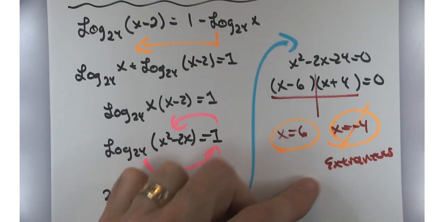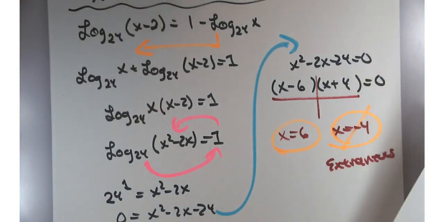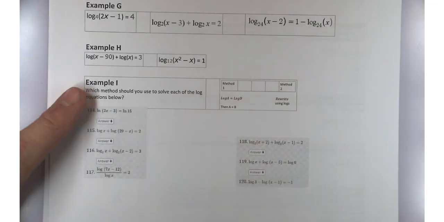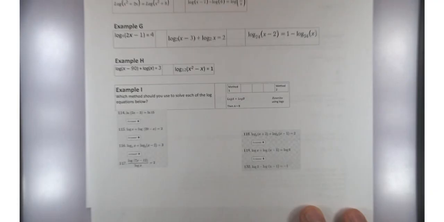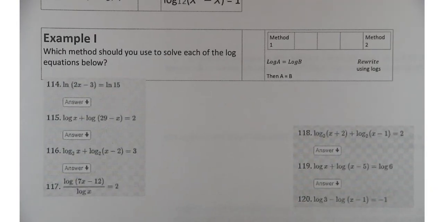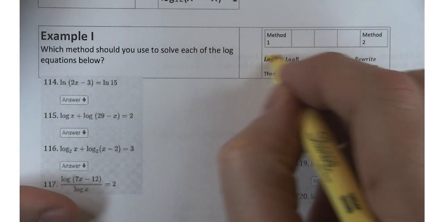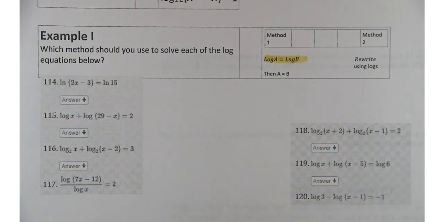I know that we're running up against the clock here, but let me just go through an example with you. We're not solving these things. I just want to go through with you and decide what you would use to solve these things. Method 1 problem is when you can write log of A equals log of B, just get rid of the logs.